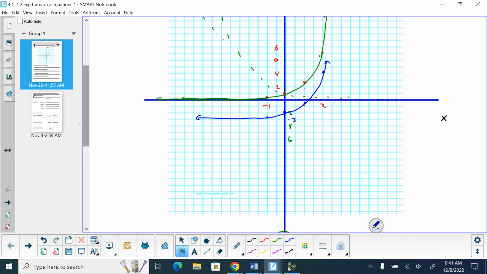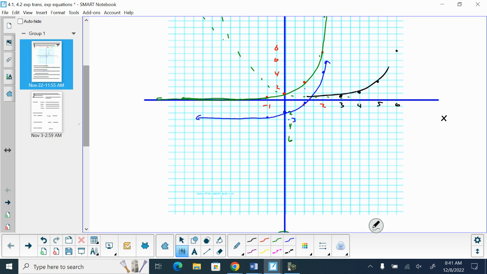So every one of my points that I originally start with, I could go 1, 2, 3, 4 units to the right.